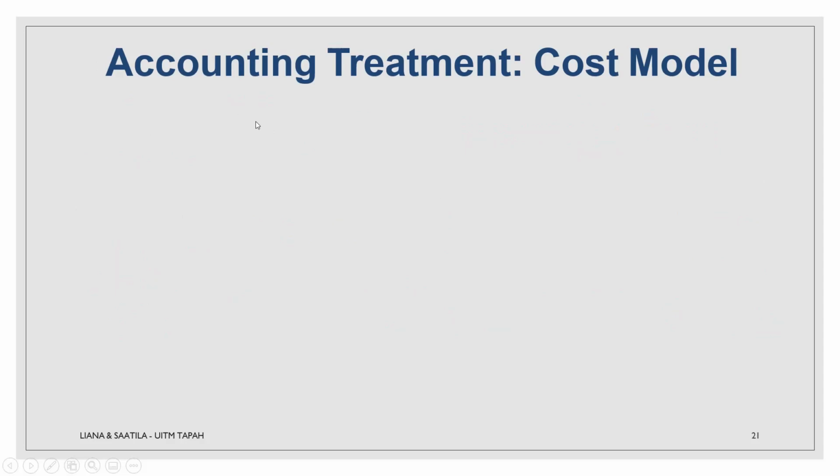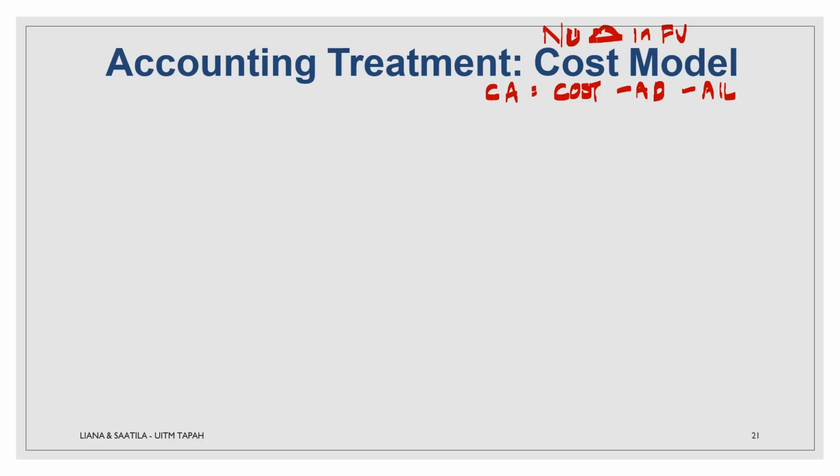What is the accounting treatment under the cost model? Bear in mind that the carrying amount of the investment property would be cost minus accumulated depreciation minus accumulated impairment loss. And under the cost model, no change in fair value will be incorporated.